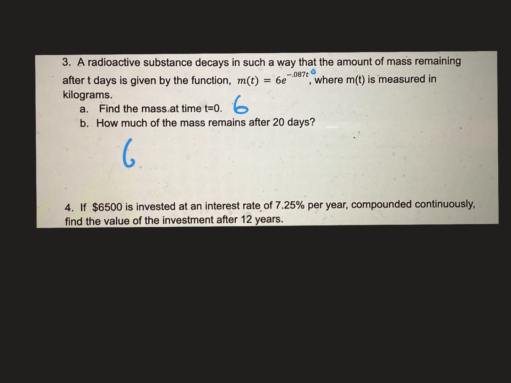Now, at 20 days, I'm going to plug 20 in for the t in the exponent and see what I get. When I punch that in, I'm getting 1.05. Kilograms left. Of course, that first answer should be kilograms also. Because of the negative exponent, it is decaying as time goes on.